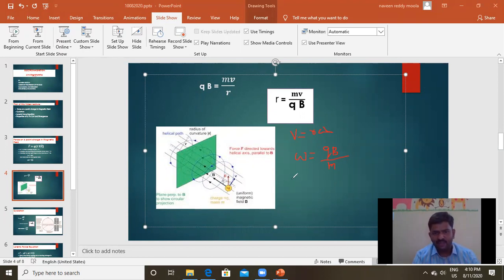We know omega, then what is nu? Nu is the frequency, denoted by F. F is equal to omega by 2 pi. So F becomes qB by 2 pi m.